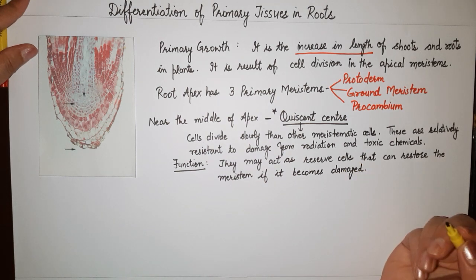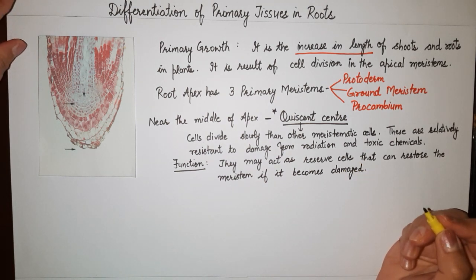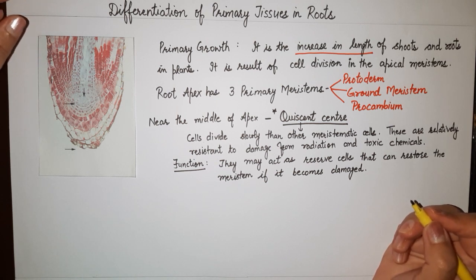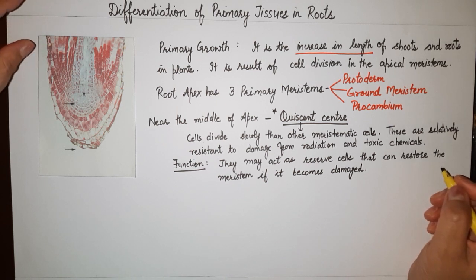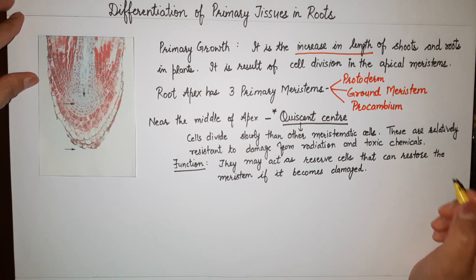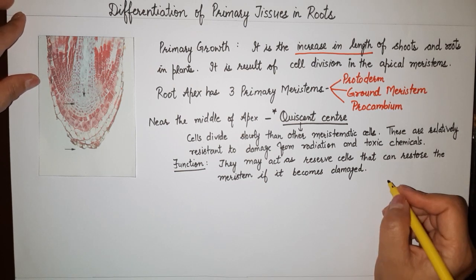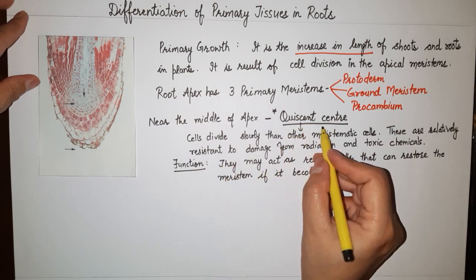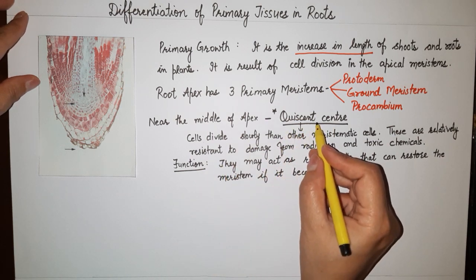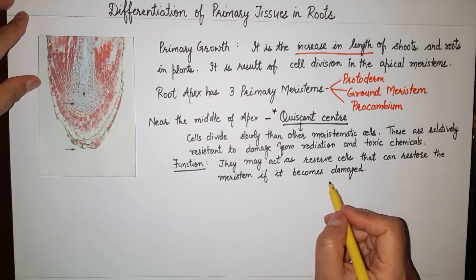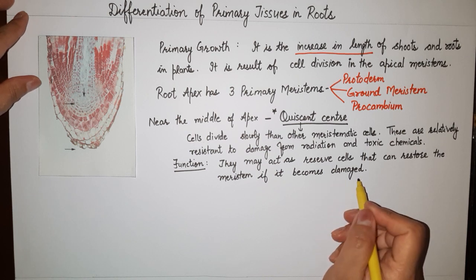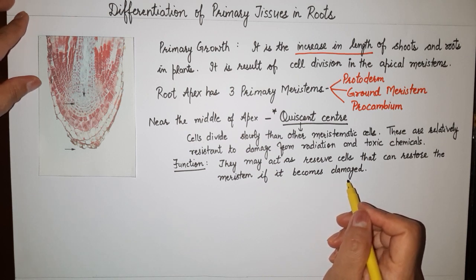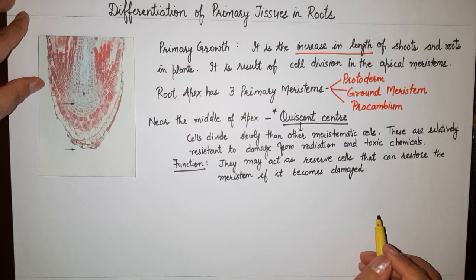Because roots are growing underground, there is continuous abrasion because of the soil particles. So it may happen that by chance the root apex gets damaged. These cells serve as reserve cells. They are going to divide at that particular time if the apex is damaged, and will give rise to the meristematic apex. That is the function of quiescent center.